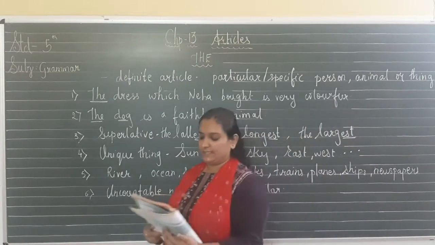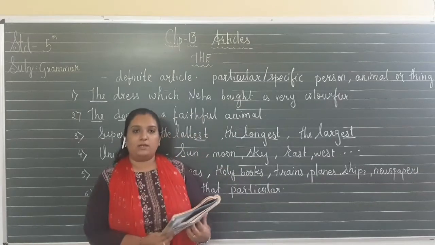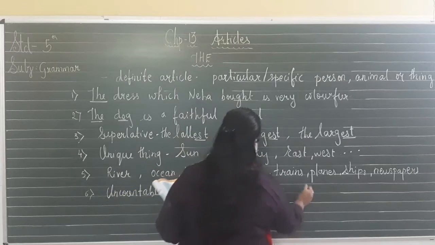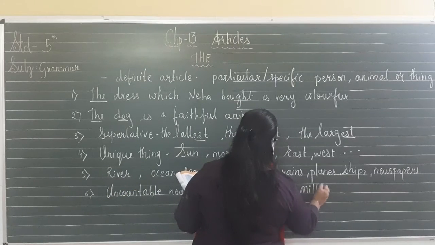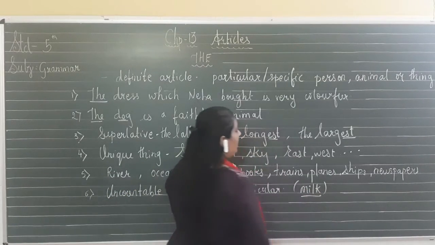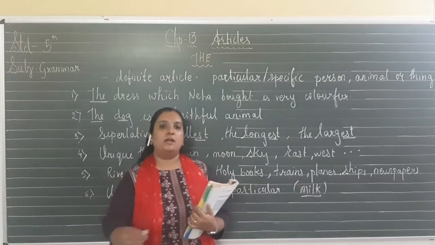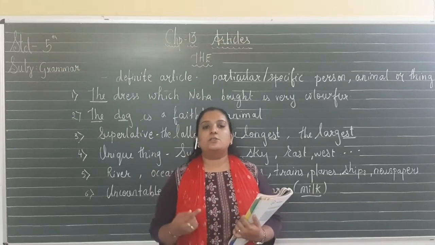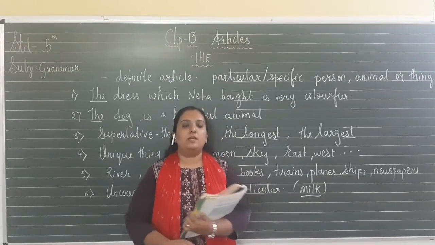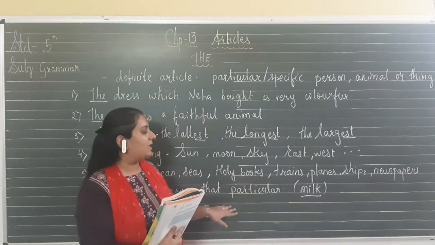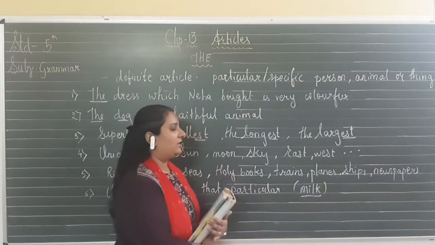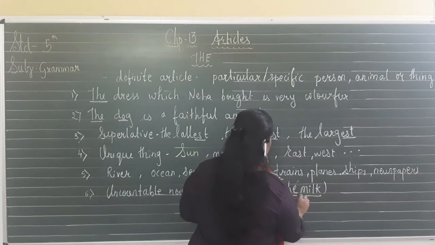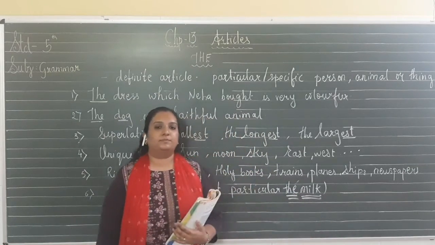For example, if I say, I drank the milk which you had kept in the kitchen. Milk is an uncountable noun; there shouldn't be the before it. But here I am talking about the particular milk. So whenever there is a particular uncountable noun, only there we can use article the. The milk.